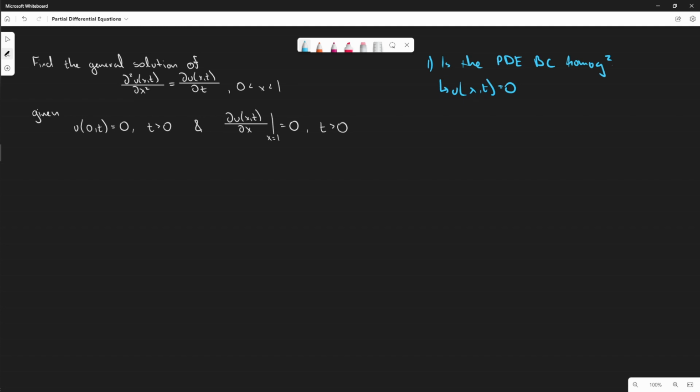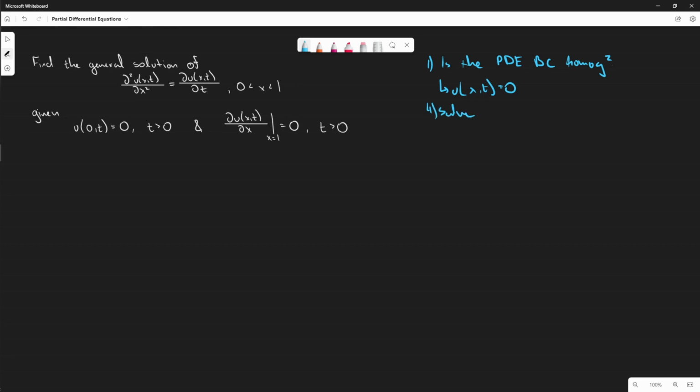As you can see, this portion is 0 equals 0, and right here 0 equals 0, and 0 equals 0. So yes, this is a homogeneous system, and because of that, we can skip step 2 and step 3 and go straight to step 4, which is solving the actual problem.